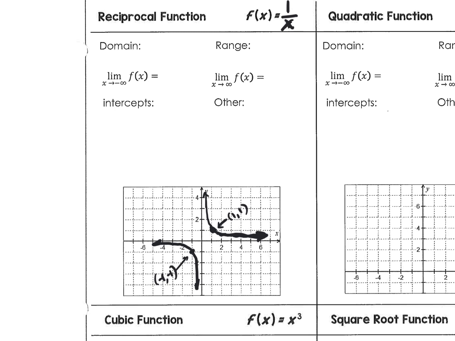Now, what is the domain of this guy? Follow it from negative infinity to where? Oh, except for one place. Where's one place where we don't have anything? 0. Do you see it?